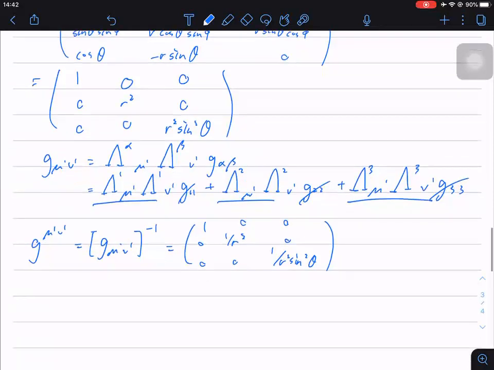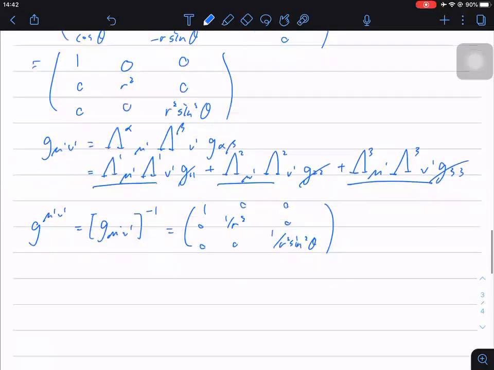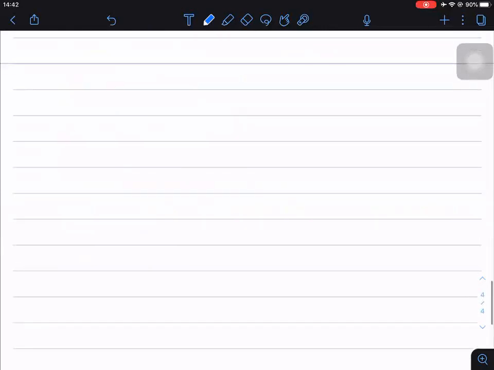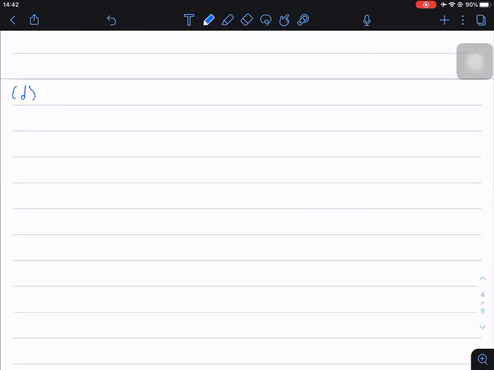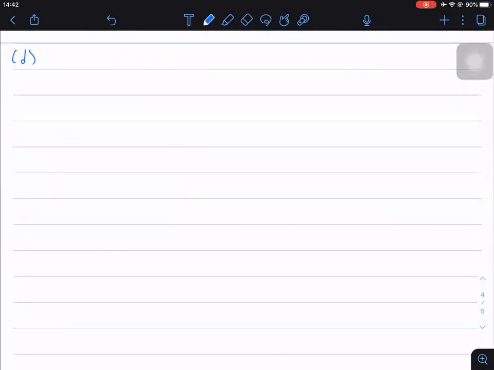Okay, so moving on to part D. Christoffel symbol. Is there a quick argument for why the metric tensor has to be symmetric, or is this true in general?